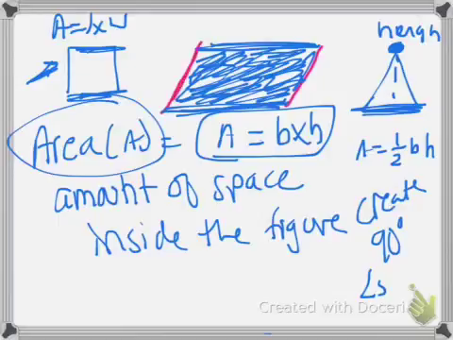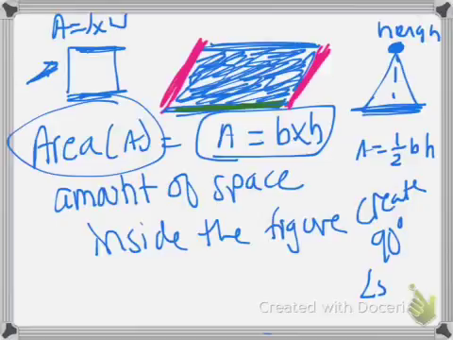However, since this parallelogram slants, these slanted lines are actually not the same size as the height of the entire figure. When we look at the height of a parallelogram, we are going to revert to what we did similarly for triangles, and we have to look at our base.